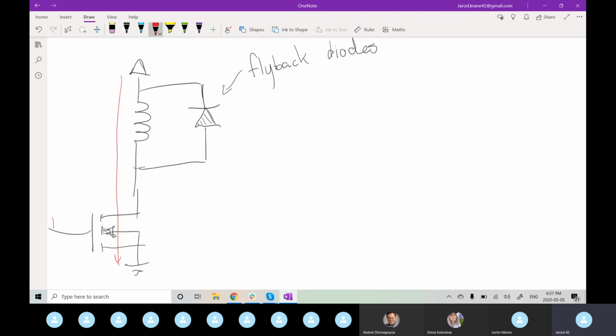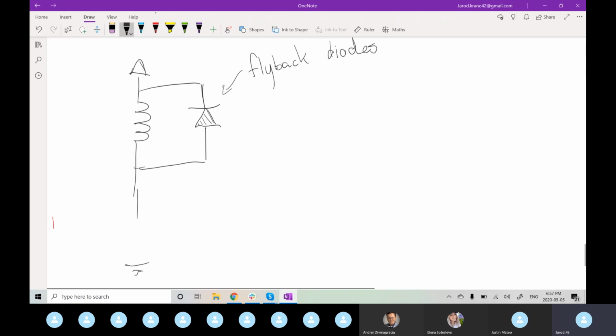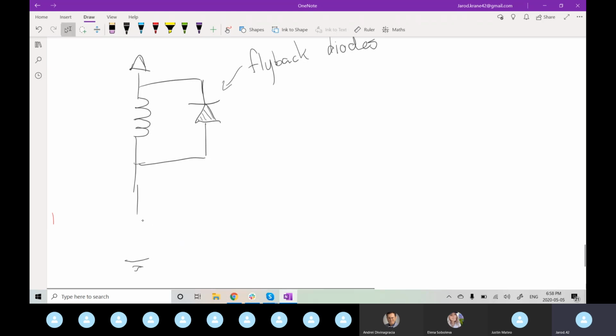Ignore the actual function of a MOSFET. All we're doing is using a switch. So when our switch is closed, current is able to flow through the system, functions like normal.